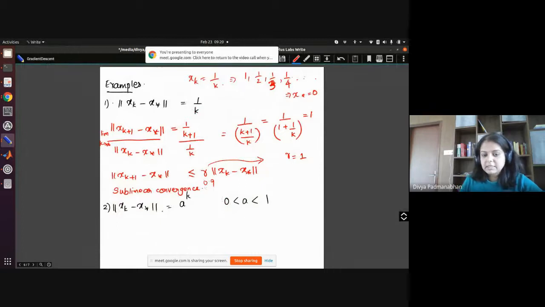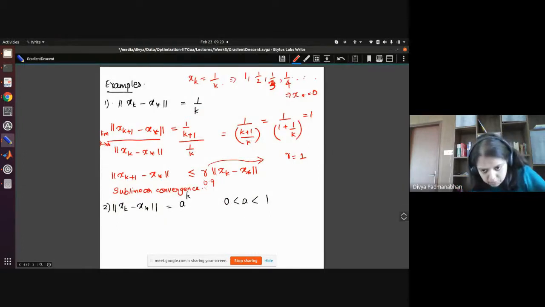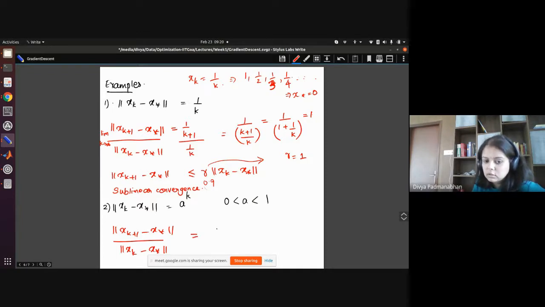Now some other examples. Suppose ||x_k - x*|| is a to the power k, where a is strictly less than 1. Then the ratio ||x_{k+1} - x*|| by ||x_k - x*|| is a to the power k plus 1 by a to the power k, which is just a.